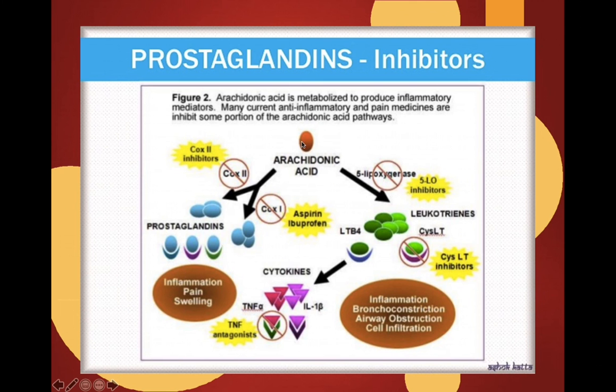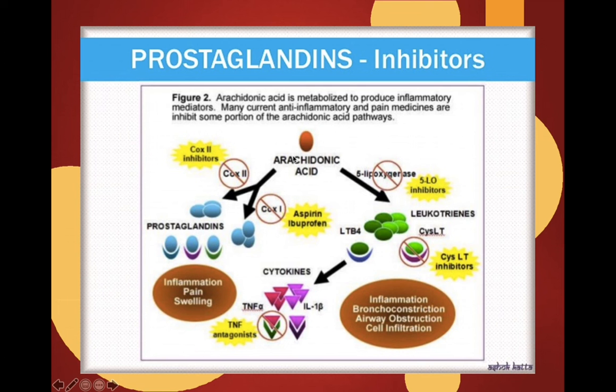Now, in each cell, we have cell membranes that are composed of fats. Like you have different types of saturated and unsaturated fat in that cell membrane. We have phospholipids, right? Remember, the cell membrane is a phospholipid bilayer. And one of the types of fats that we have in there is called arachidonic acid. It is a polyunsaturated fat.